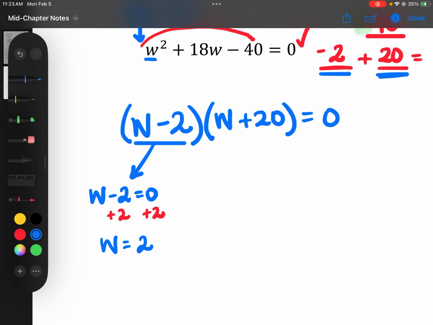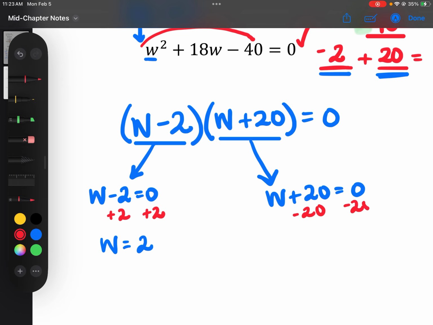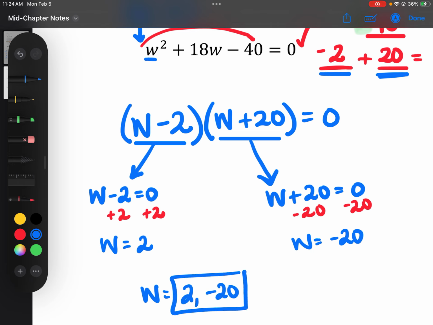And then for the other one, I'm going to go ahead and solve this expression or equation, w plus 20 equals 0. And then we'll subtract 20 from both sides. So w is equal to negative 20. And remember, as I talked about in the previous problem, you just write both answers separated by a comma. You don't have to put the w equals in. I will already have that for you.